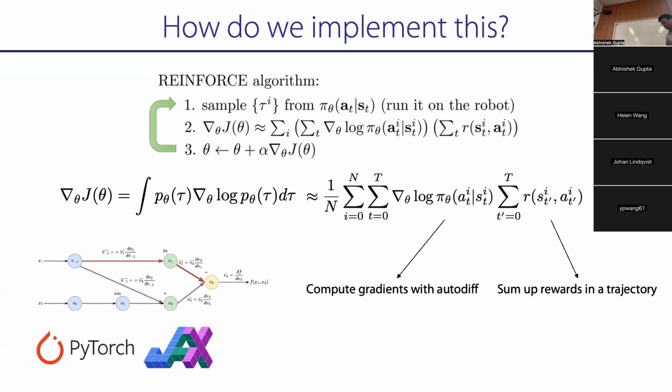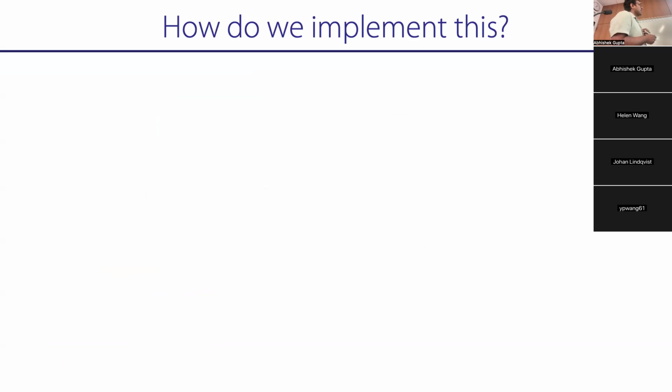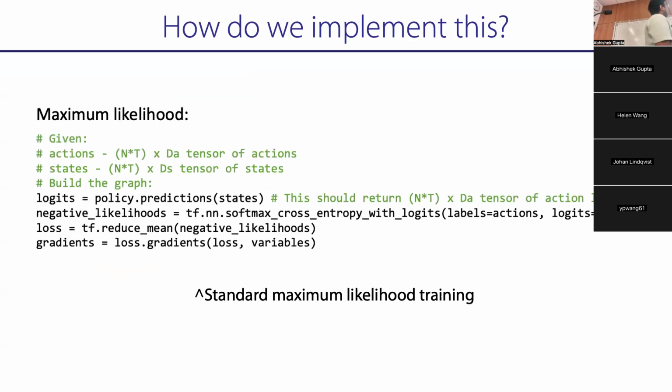So you're just going to do torch dot backward, or loss dot backward, whatever. And then you're just going to compute your sum of rewards with numpy, right? And so essentially the way you're going to implement this is just using PyTorch or JAX or whatever your favorite framework is. But an easy way to think about this is to start from maximum likelihood of supervised learning. Supervised learning is going to say, given some states and actions, right?